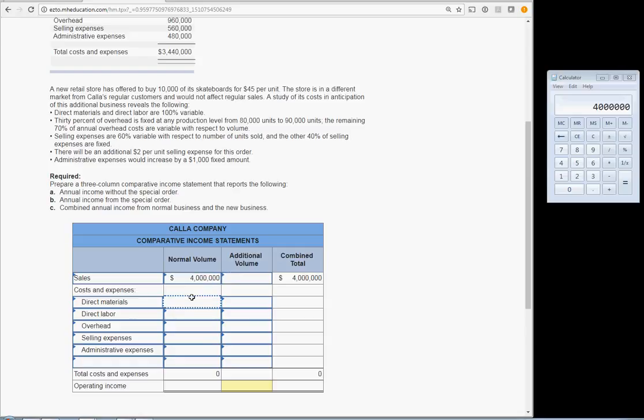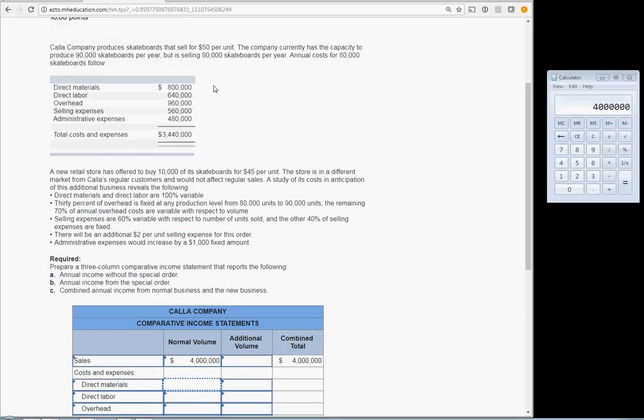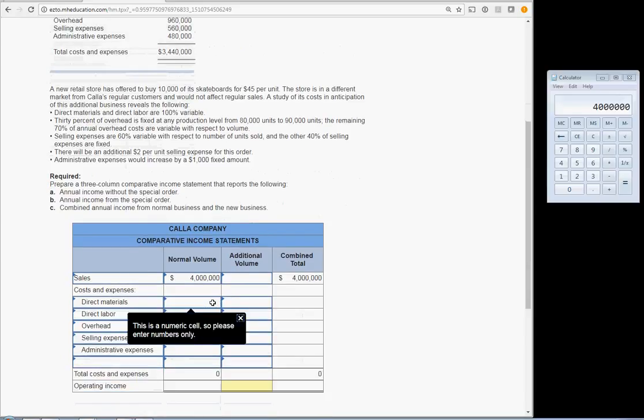Okay. Direct materials at normal volume. I think we can probably figure that one out too, right? So if we go up here and we look at direct materials, if it's 800,000, it's 800,000. They've already done the math. This is at our normal volume. I don't have to break this down to a per unit cost. Direct materials, 800,000.